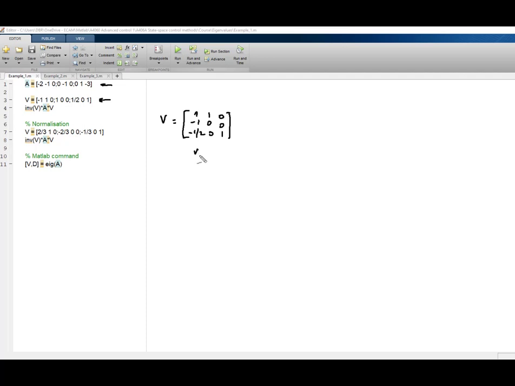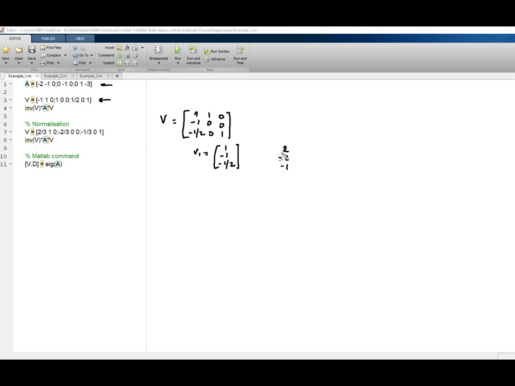So v1 here was (1, -1, -1/2). You know that if this vector is an eigenvector, then this vector is also an eigenvector. We simply multiply it by 2.